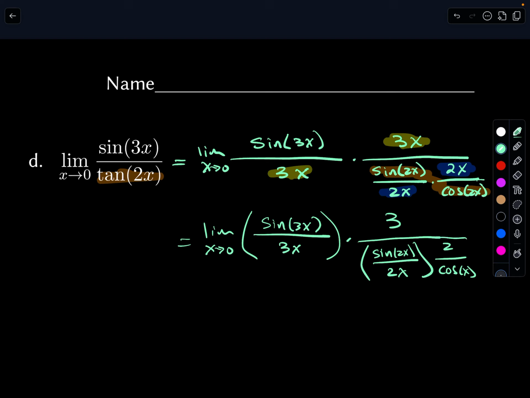Finally, let's do our limits, and of course, this limit will be 1, and this limit will be 1. So this will be 1 times 3 over 1 times 2 over 1. Sorry, I just noticed I messed up there. It's not going to make any difference with the answer, but it is the cosine of 2x. But that limit is also 1.